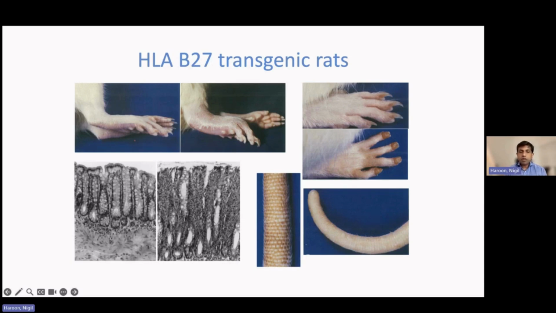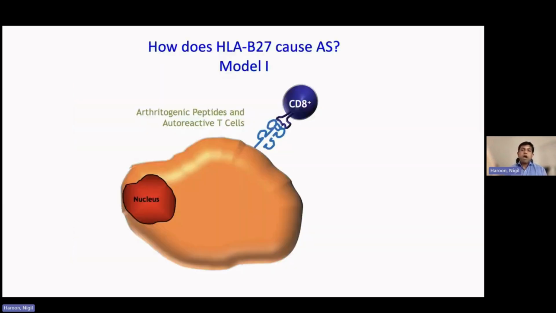And in the gut also, compared to normal gut, you see that there is significant inflammation happening in the gut. So almost all the features of AS and associated conditions can be seen just by expression of HLA-B27 in the rat model. So that was another strong indication that B27 is not just a bystander, it may actually be causing disease. So how does B27 cause disease?